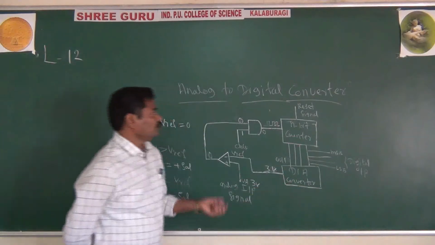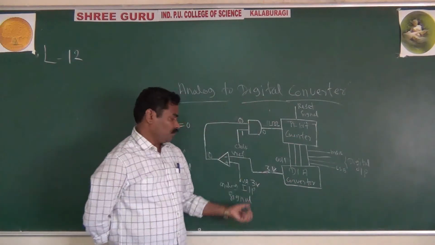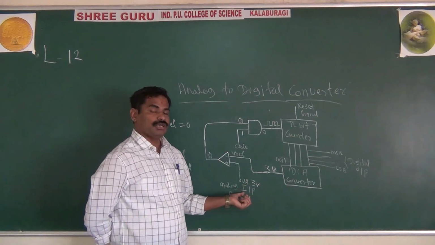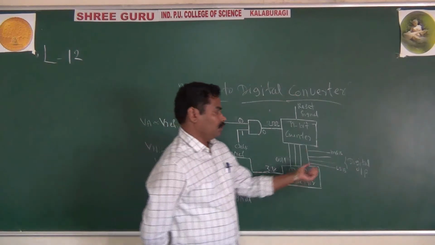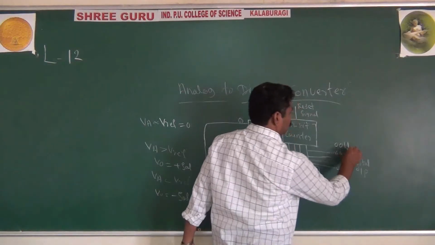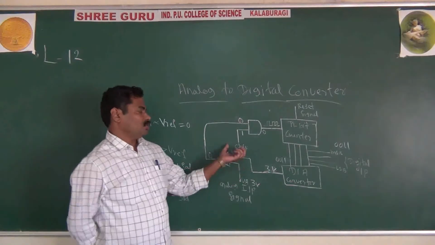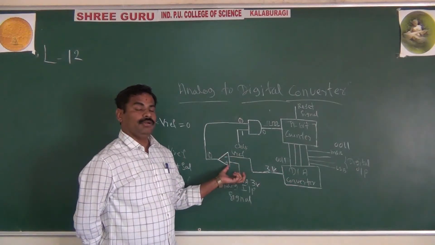It means by using the counter type analog to digital converter, you apply the input as analog but get the output as digital, maybe for example 0 0 1 1. That is nothing but the simple working principle of your A to D converter.